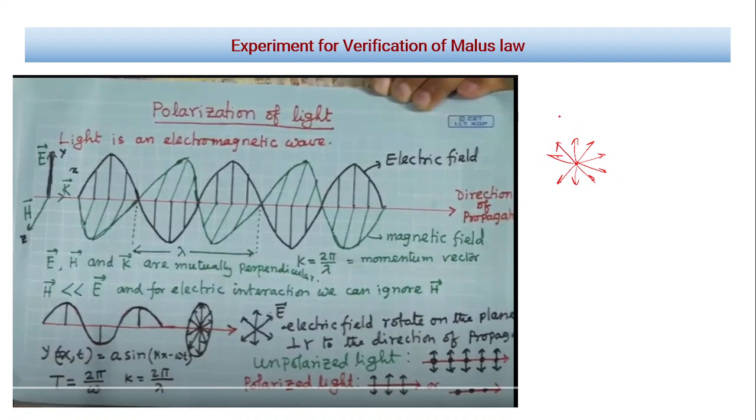So we usually represent this, and what we mean by this is that we call it unpolarized light. Perpendicular to the electric field we have the magnetic field also varying similarly. But magnetic field strength is so much less than electric field strength that we usually ignore it, and it's okay to do that. It won't interfere with any of our results here.